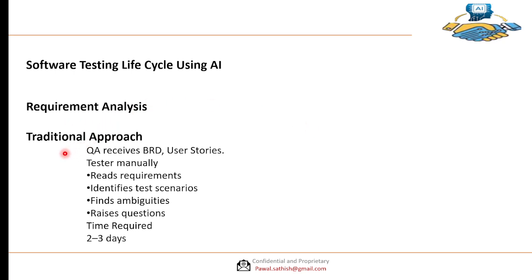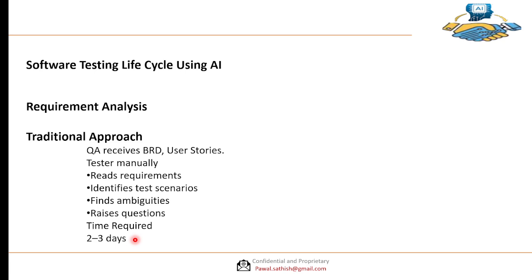Now, the traditional approach is if we are not using AI. QA receives the BRD, the business requirement documentation, or the user stories. As QA, we read the requirements, identify the test scenarios, find the ambiguities, and raise questions. For complicated user stories, the time required is 2 to 3 days.